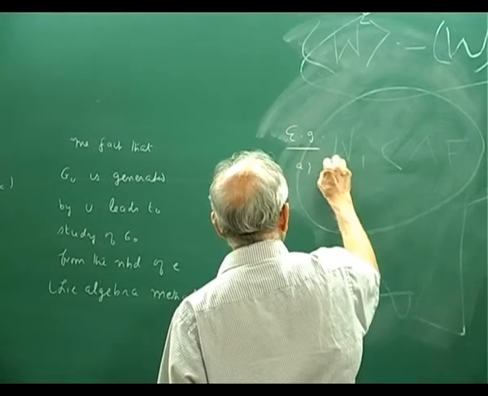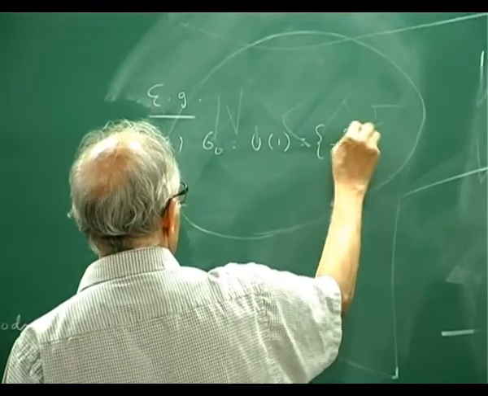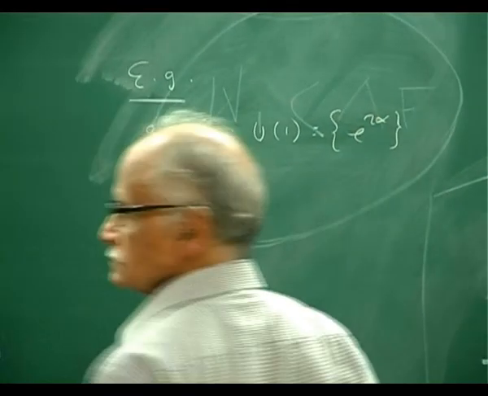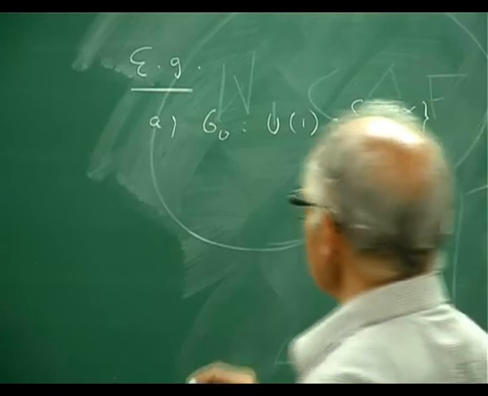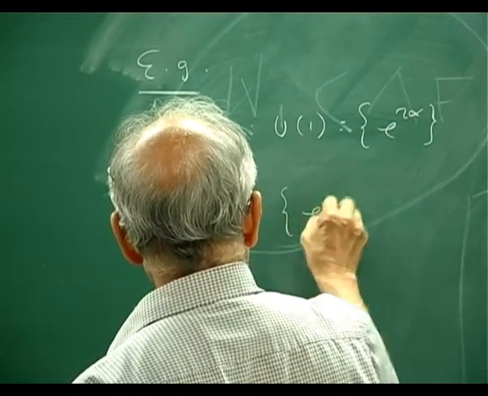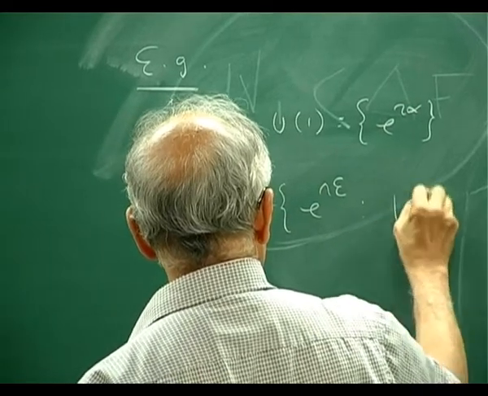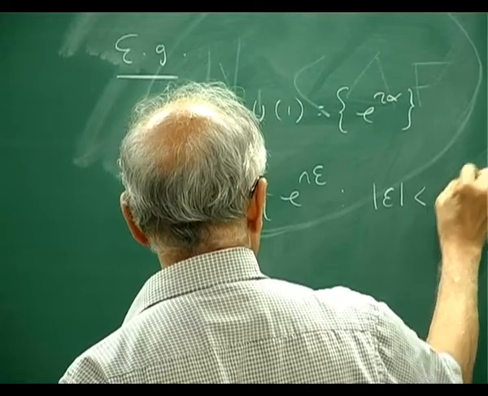Okay. G0 tends to be U1, exponential i alpha. So you can choose U to be the set of all things like this, where epsilon is less than some epsilon 0.